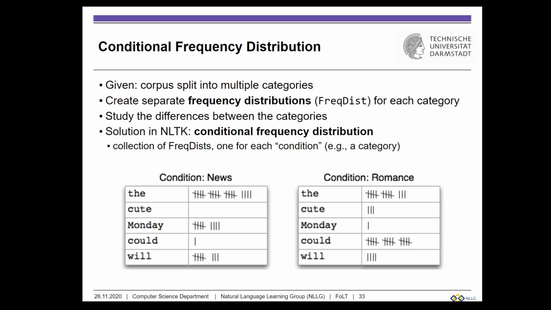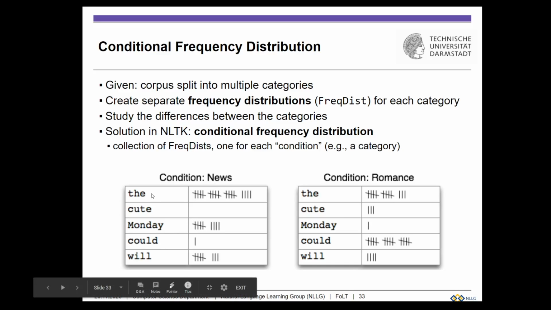We start out with a small illustration of where we want to be heading. Let's say our conditions are different genres, such as news versus romance. This is news text, this is romance text, which deals with novels, so it's fictional literature versus newspaper.